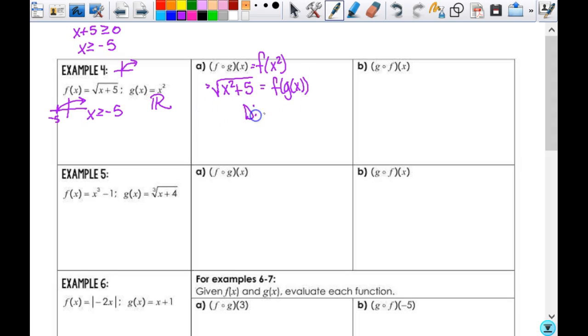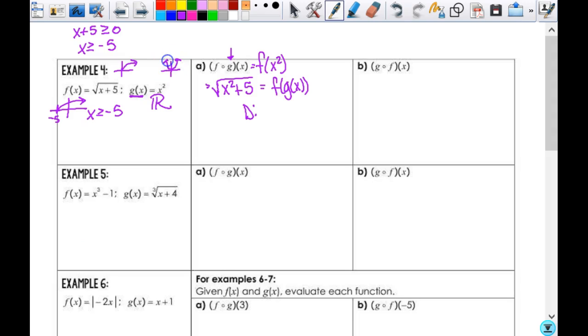Then I got to look at the domain. The domain is the domain of the input such that, so the domain of g, which is all real numbers, such that all of the g of x values live in this domain. So the g of x values, meaning the range, what's the range of this function? No. 0 to infinity, right? Because this would be a parabola.